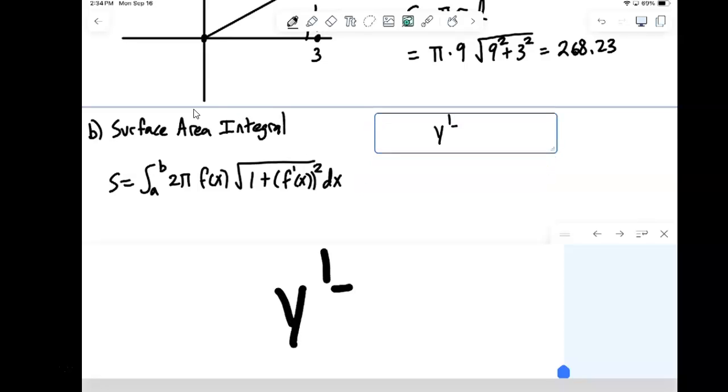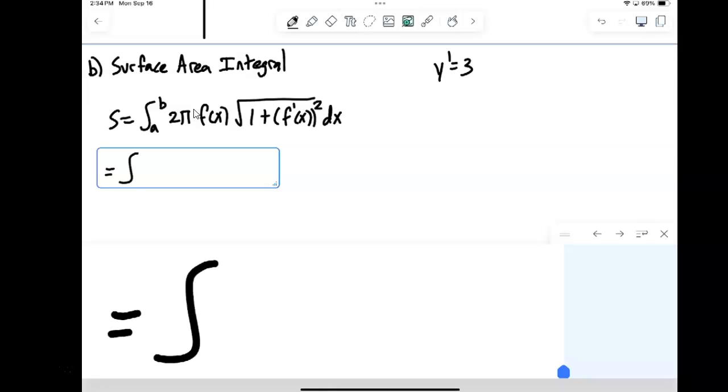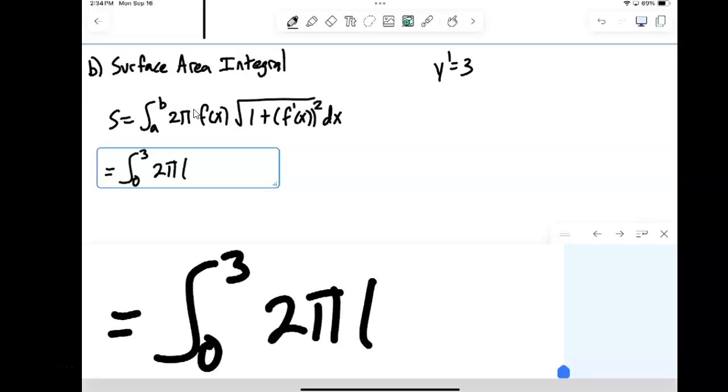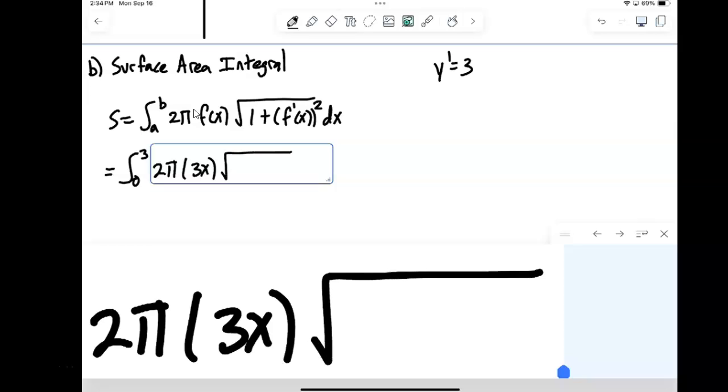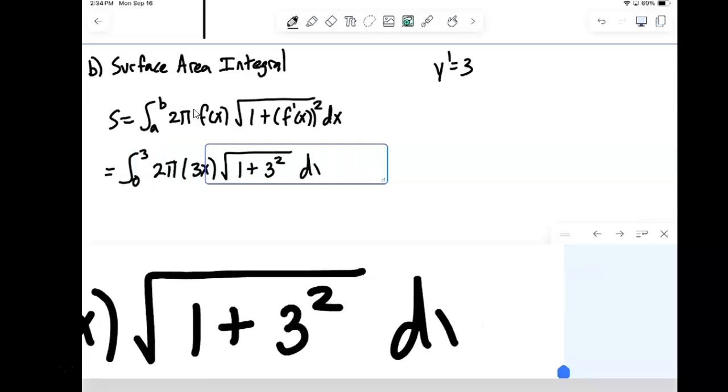So y prime would just be 3. Plugging that information in, we would have the integral from 0 to 3 of 2 pi times 3x times the square root of 1 plus 3 squared dx.